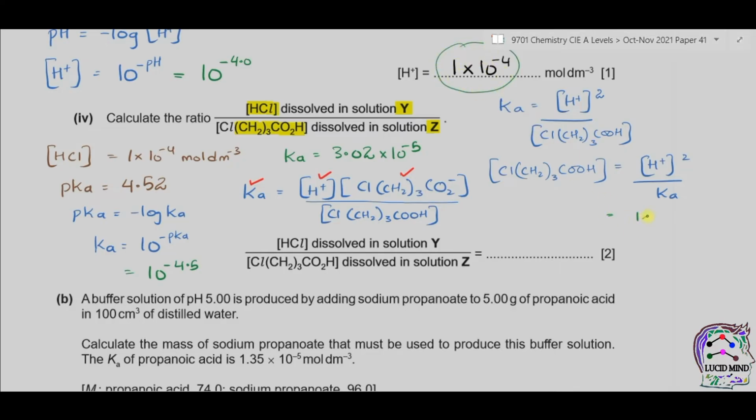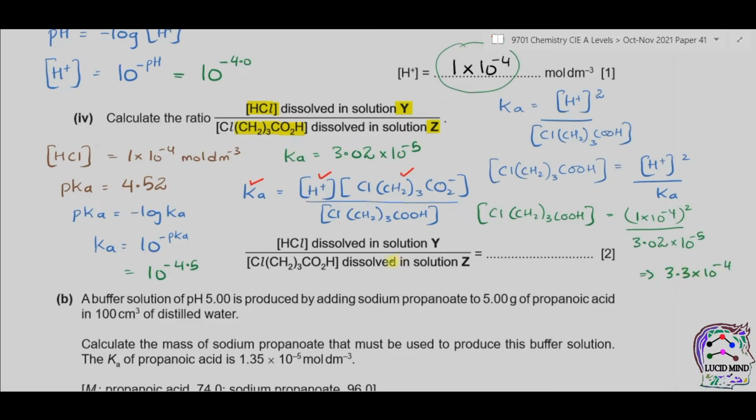We have 1 exponential minus 4, squared, divided by the value of Ka, which is 3.02 exponential minus 5. Now we have the concentration of Cl(CH2)3COOH. It is equal to 3.3 exponential minus 4.